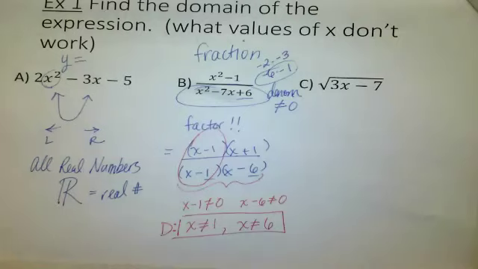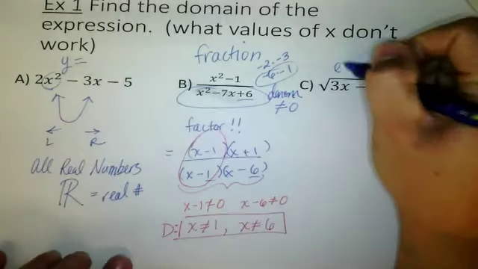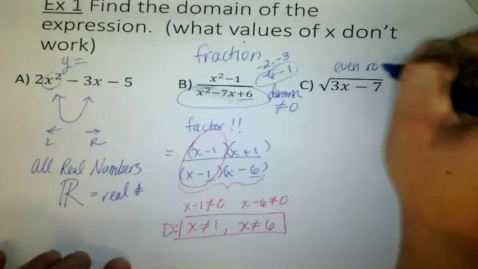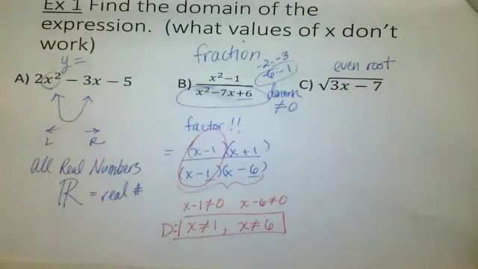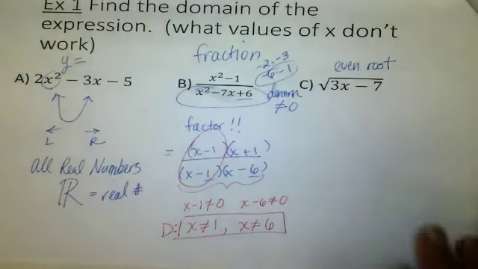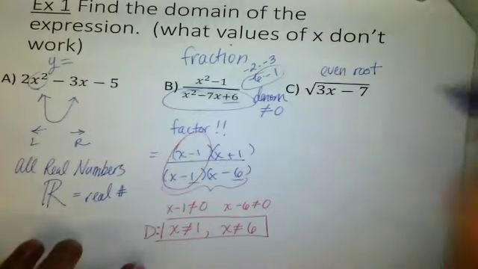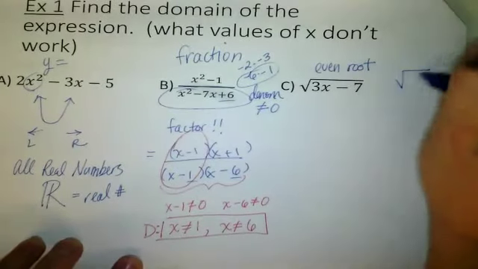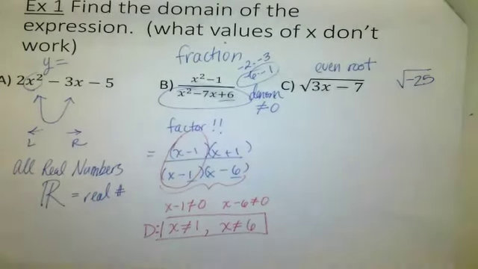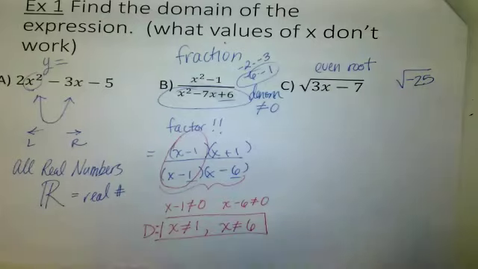All right. Letter C is an even root. And even roots we have to pay close attention to because of this problem. What's the square root of negative 25? And i stands for imaginary.